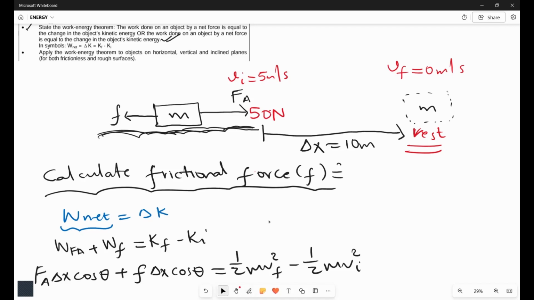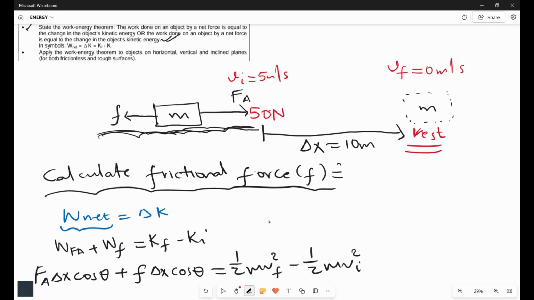It is 180. In most cases, I think 99% of the time, I'm scared to say 100%, the frictional force's angle is always going to be 180. Why?